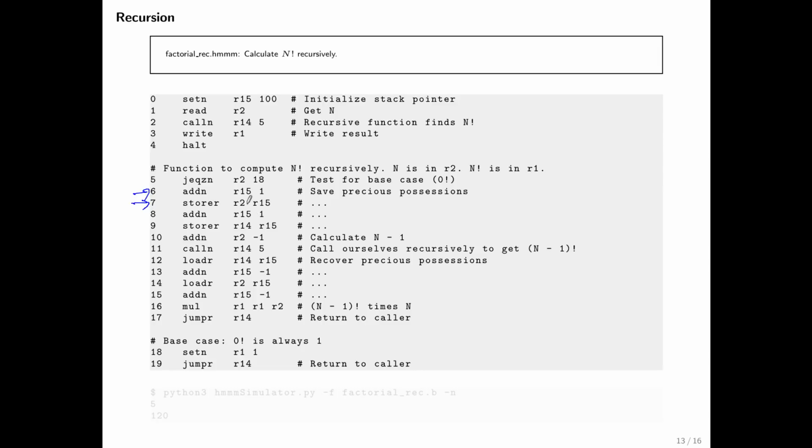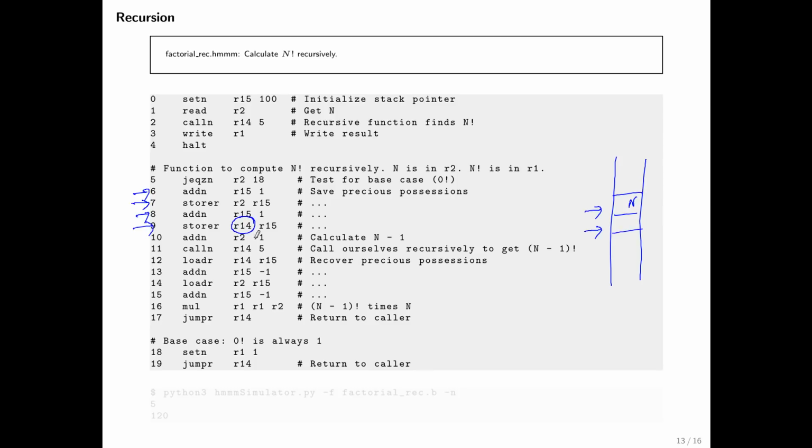So we store n in memory at the location given by the stack pointer. That's this line here, and then you increment the stack pointer further by 1. That's this line, and at that location you store the return address.